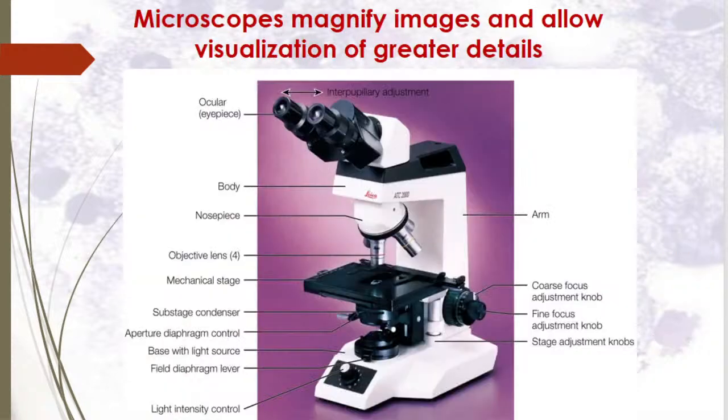The famous photo of the Leica microscope is present in many books, and I only remind you that this is the mechanical portion, the arm, also the coarse focus adjustment knob and the fine focus adjustment knob, which are used for focusing in the microscope, the stage adjustment knob, and also we have seen here the illuminating system, light intensity control, and the mechanical stage.